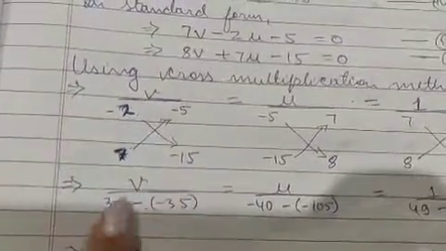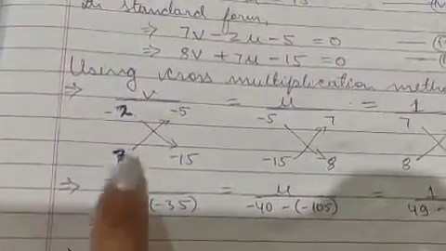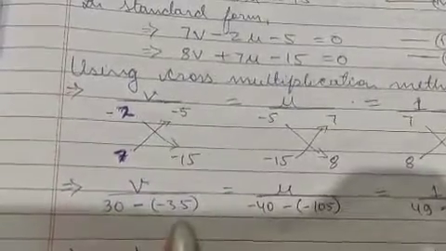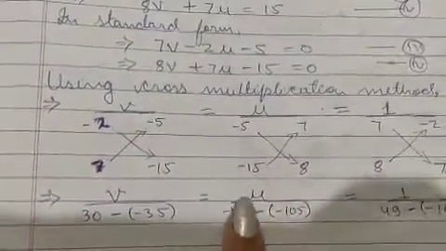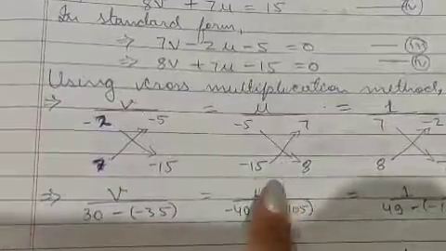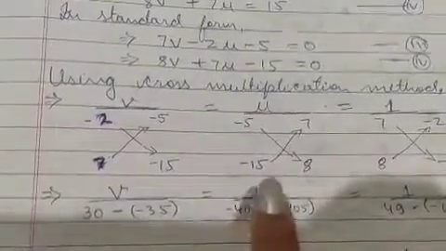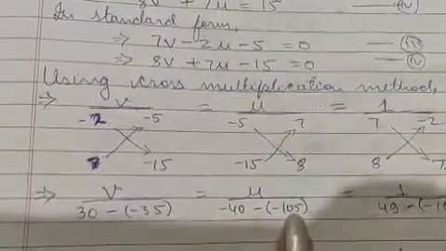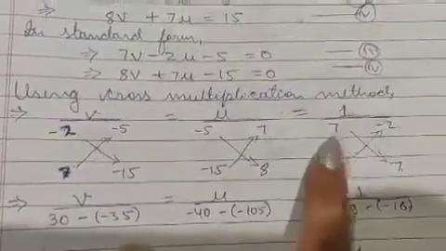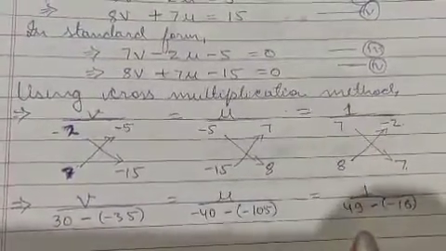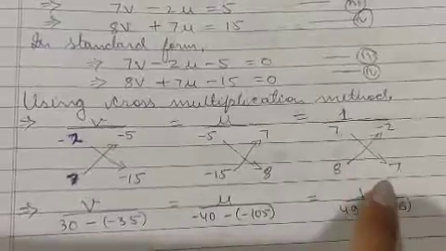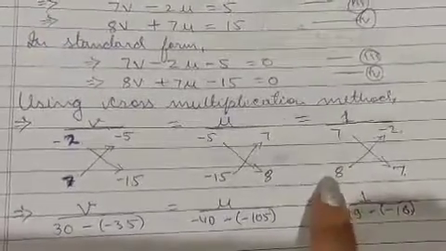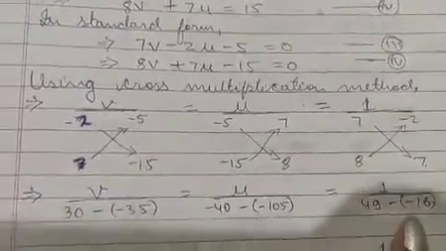After cross multiplying, we'll get minus 2 into minus 15, which is 30, minus 7 into minus 5, which is minus 35. Now for u, minus 5 into 8 is minus 40, minus 15 into 7 is minus 105. Now for the denominator, 7 into 7 is 49, minus 8 into minus 2 is minus 16.